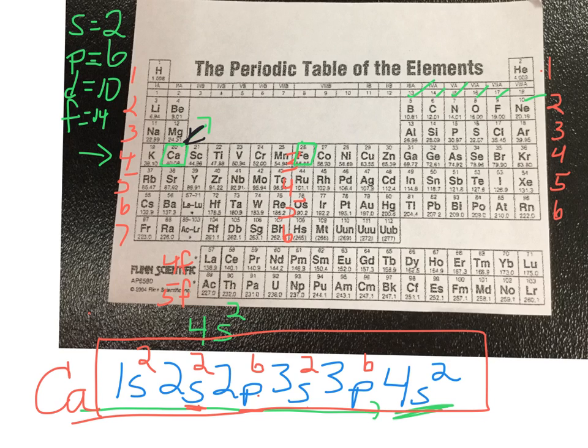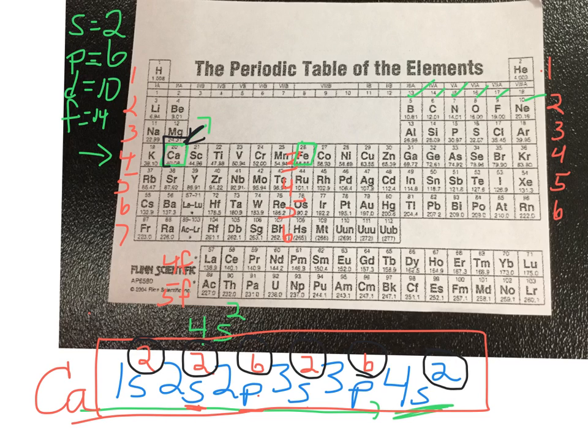Now, I always get asked this question: ma'am, how do I know if I wrote it right? Well, let me show you a little trick. Look at your numbers here. 2 plus 2 is how much? 4. 4 plus 6? 10. 10 plus 2? 12 plus 6? 18 plus 2 is 20.